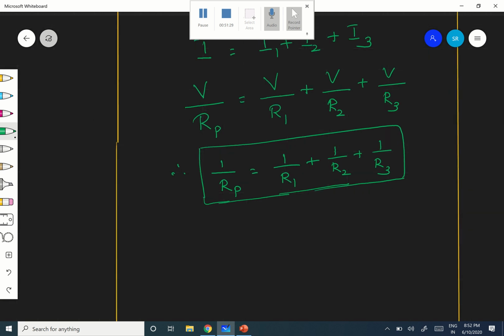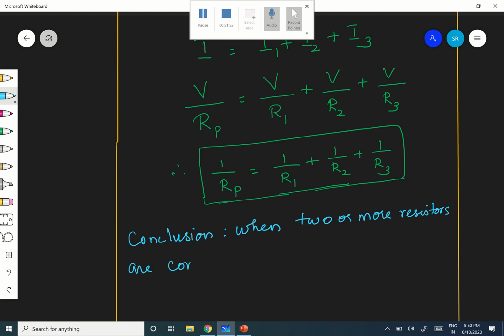Therefore, what is the conclusion? What do you conclude from it? Number 1: when two or more resistors are connected in parallel, what are the results?